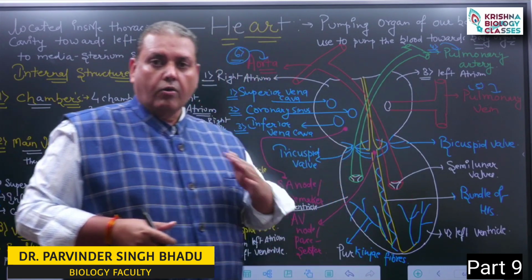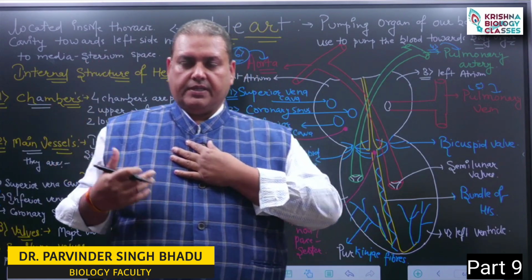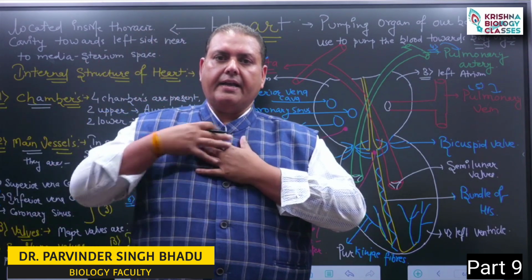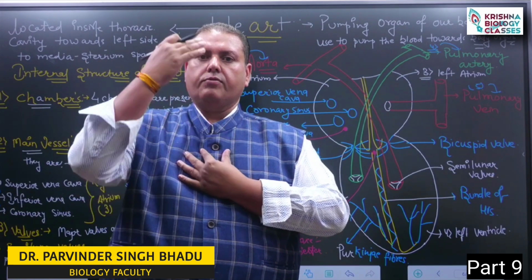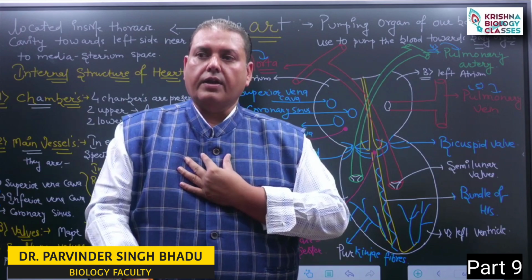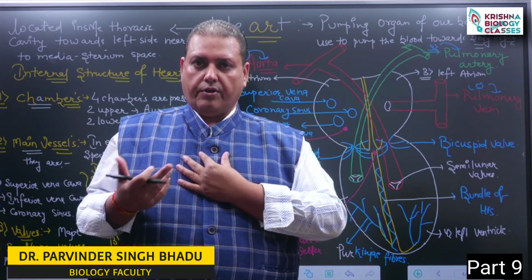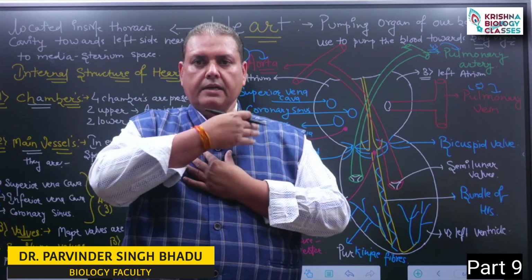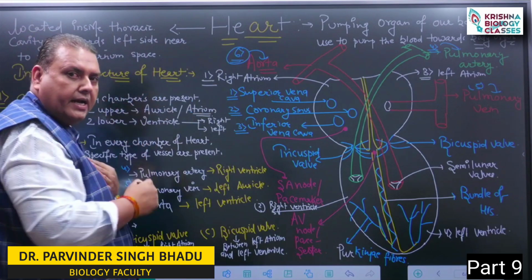Now, why are 3 vessels present inside the right atrium? I am dividing my entire body into 3 parts: the body organs located above the heart, the body organs located below the heart, and the heart itself, which is also a body organ. From the upper part, the deoxygenated blood is carried by the superior vena cava.